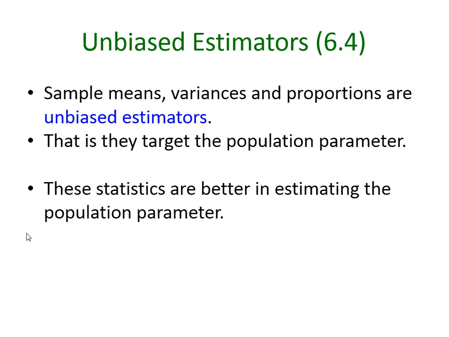So if I take everybody in the statistics class and find their ages, and I take every different combination of 5 students out of the statistics class, and I find the mean of each set of 5, and then take the mean of all those different sample means, it will be the same answer as the population mean.